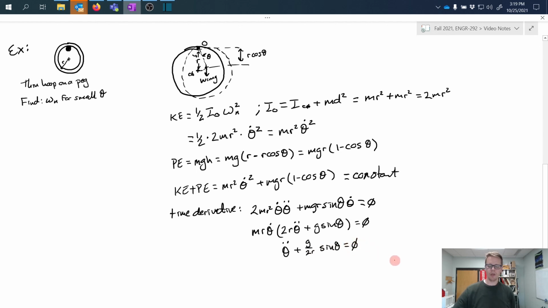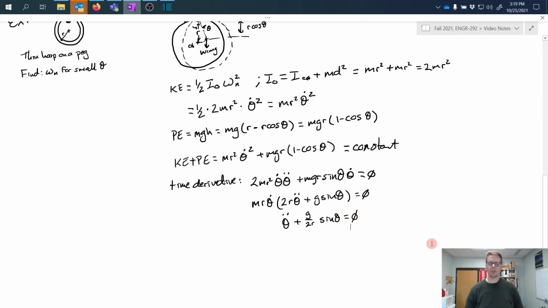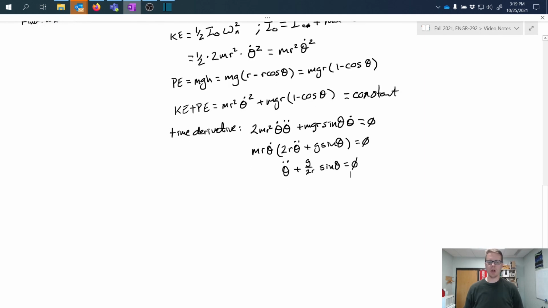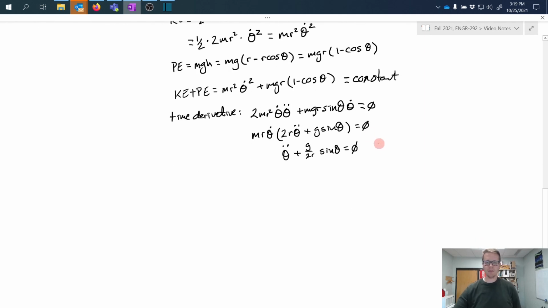equals 0. Now, a common approach at this point would be to use the small angle assumption. And for small angles, we would say that sine theta is equal to theta.